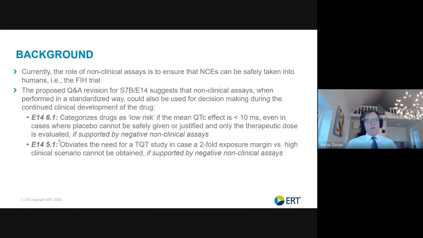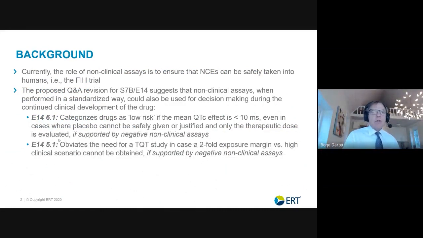This is more specifically addressed in the E14 question 6.1 that allows sponsors to categorize drugs as low risk if the mean effect is below 10 milliseconds, even when the study was performed without placebo, because it cannot be safely given or justified, and when a therapeutic dose is evaluated, if supported by negative non-clinical assays.